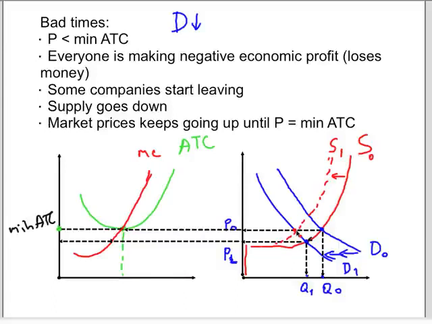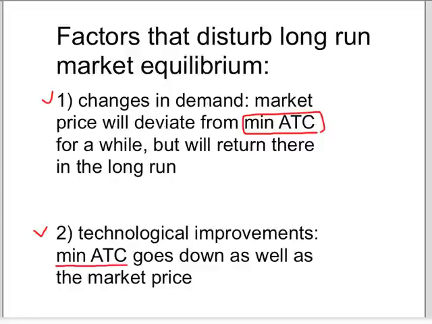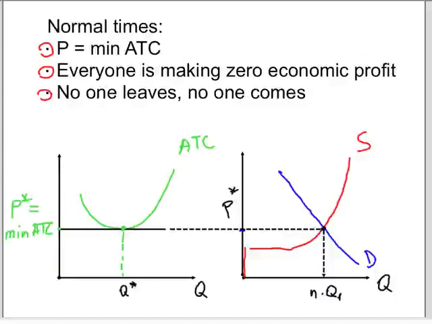And it will be happening until price gets back to the minimum average total cost. So when enough companies leave the industry and the supply reduces enough to restore the price equal to minimum average total cost for the representative company, then we're back to the initial equilibrium, and that's what we call the normal situation, normal times.